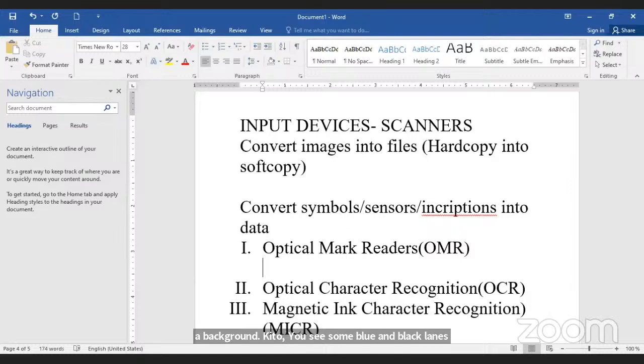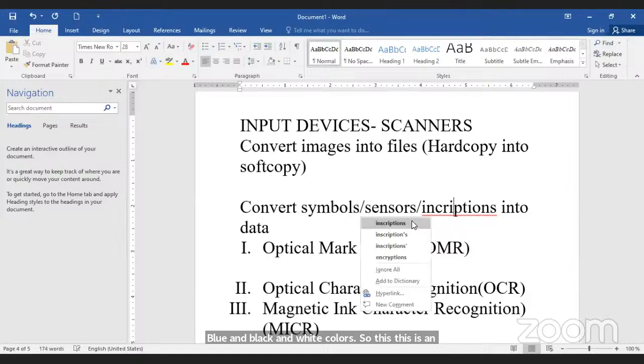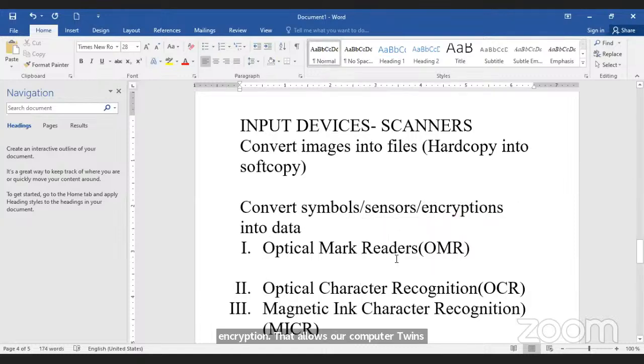It looks like a keyboard, in blue, black and white colors. So this is an encryption that allows a computer to interpret which data is stored on that particular device.